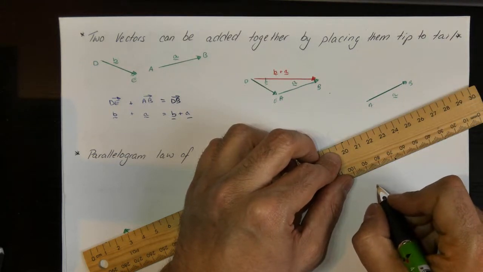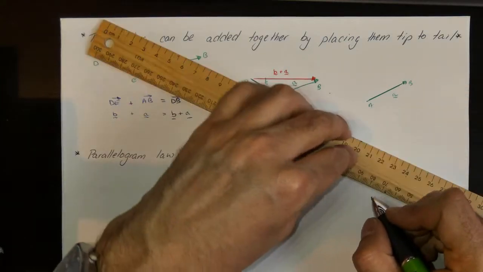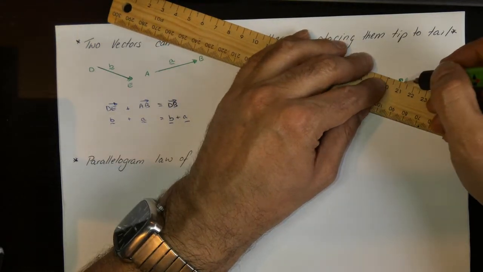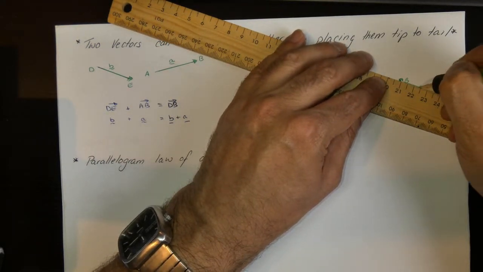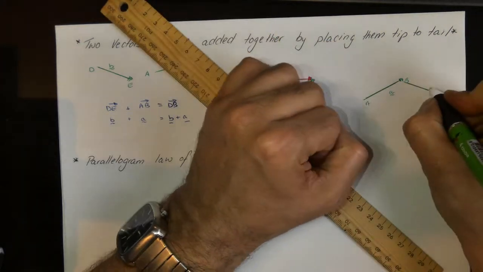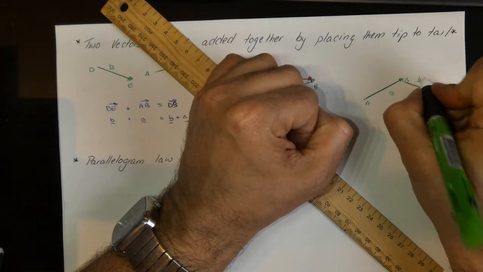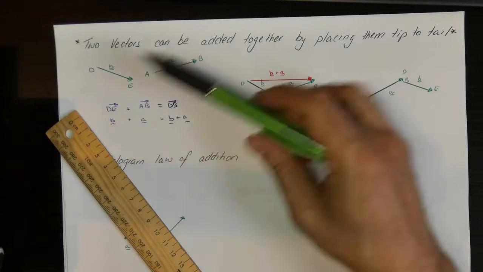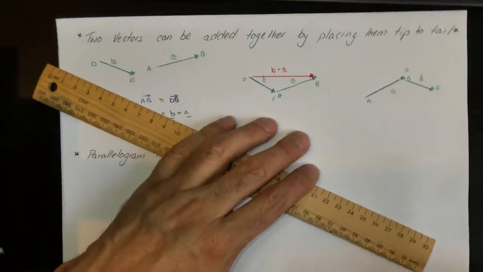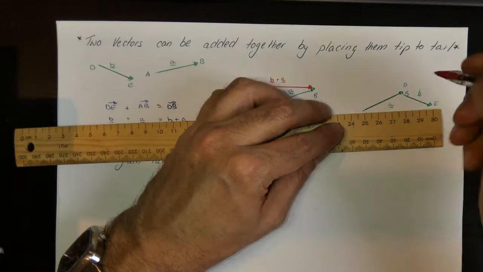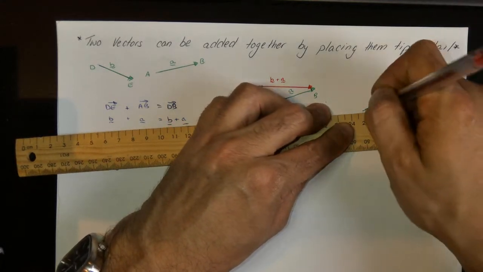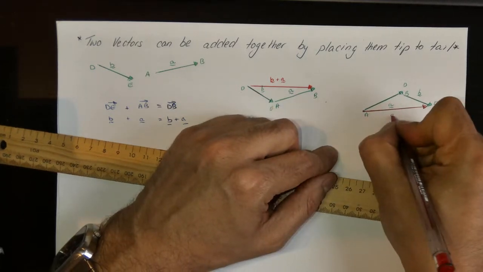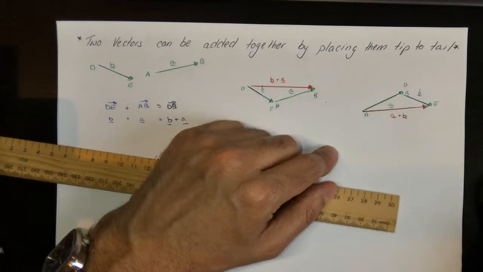Okay, what's going to happen is I'm going to put my second vector tail to tip, so 1, 2, it was 2 units, and that was DE, because remember the displacement, they can move anywhere on the plane as long as they're parallel. And so now I'm going to have this vector here from A to E. Okay, and that's going to be A plus B.